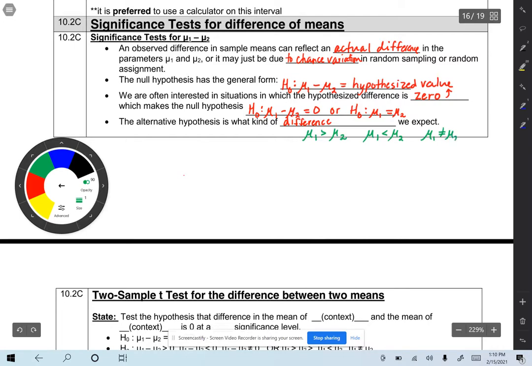So if it doesn't specify, just be careful with the wording when you're writing your null and alternative hypotheses. Also, it is very important, and students don't do this often, they get points taken off, is just tell what your variables represent. So mean 1 could represent women, mean 2 could represent men, and so on.